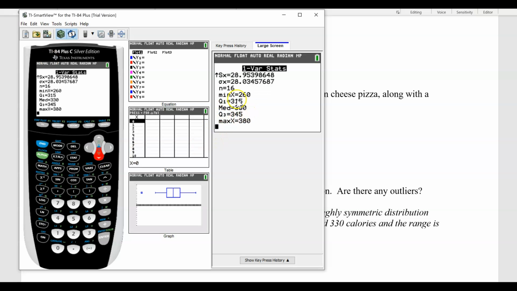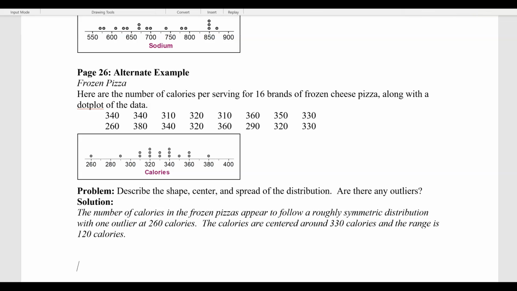It's the distance between 345 and 315. So what's the distance between 345 and 315? That'd be 345 minus 315. Let's take a look at what that looks like. So I take 345 minus 315, okay, and that is 30.